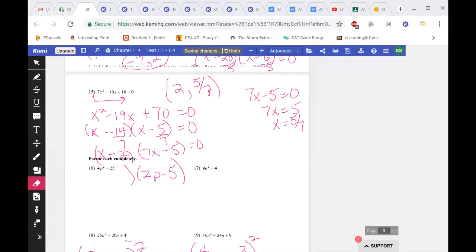And then after this, it's all that special pattern factoring. How are you on that?